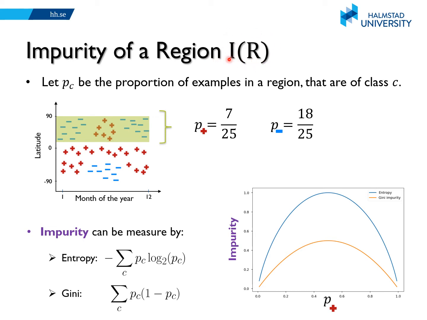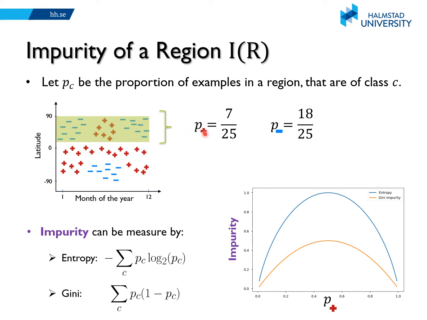So this is denoted by I(R), the impurity of region R. To do that, let's first define P_C as the proportion of examples in a region that are of class C. For example, if we are talking about this region, then P plus is the proportion of examples in this region that are of the plus class.